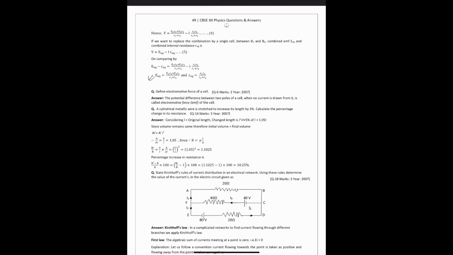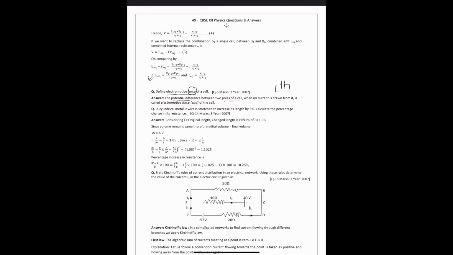Define electromotive force of a cell. See, in electromotive force, the term force is misleading. It is not actually a force, it is work. Electromotive force is the potential difference between the terminals of the cell when no current flows in the circuit, the maximum potential difference between the positive and negative plate.